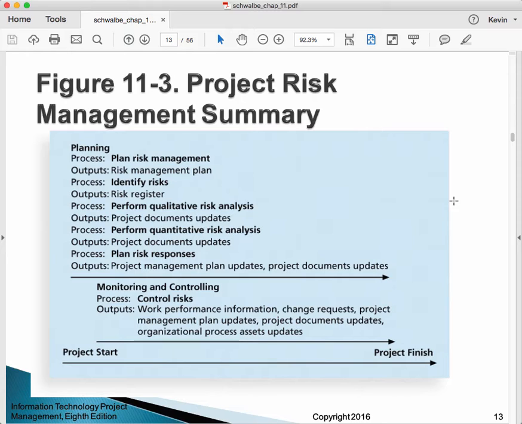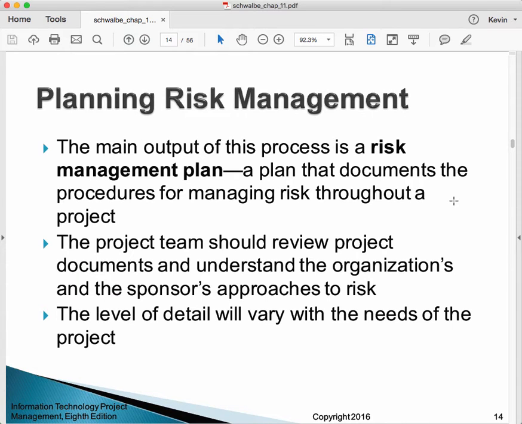In the monitoring and controlling, we have control risks. So let's talk about planning. The main output of the process of planning risk management is the risk management plan.